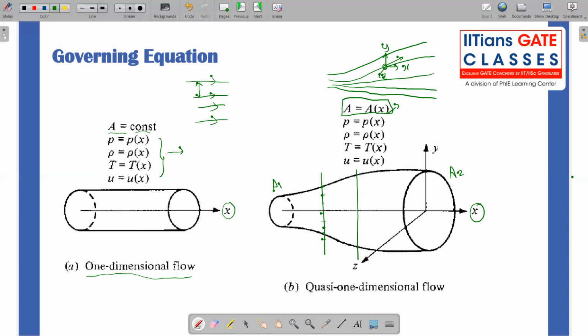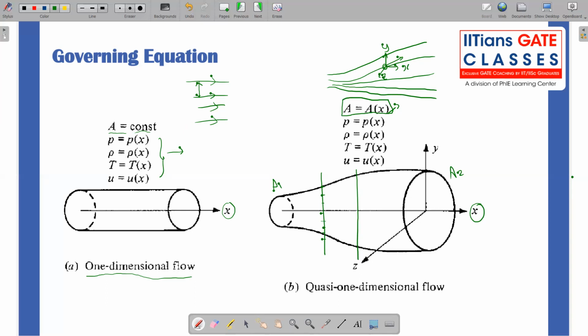I suppose you guys understood the idea of the quasi one-dimensional flow assumption. It's a very interesting assumption and a very important consideration we have to make here, right? In terms of analyzing the physics of a flow, we are reducing our three-dimensionality into one-dimensionality, even though the area is changing along the flow direction.